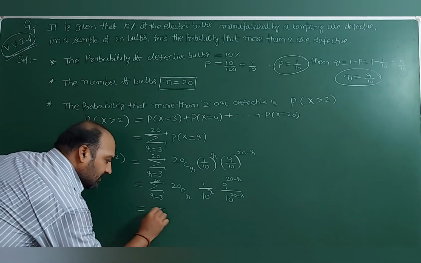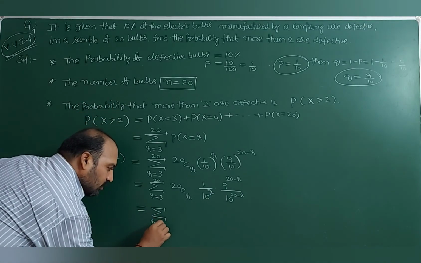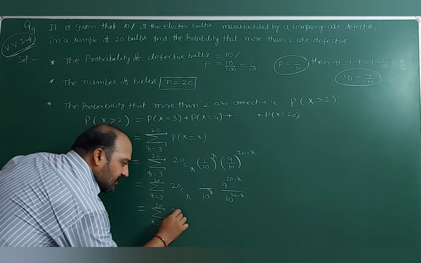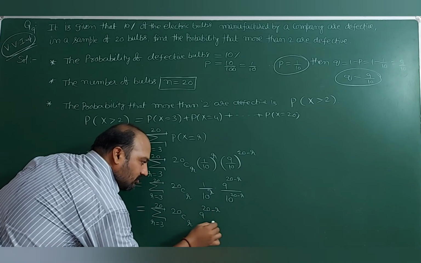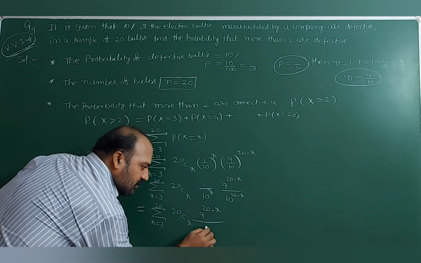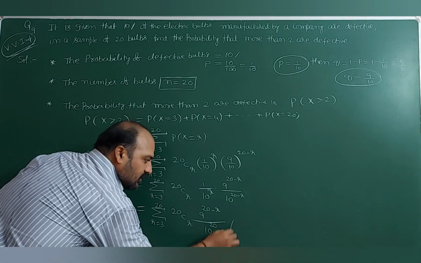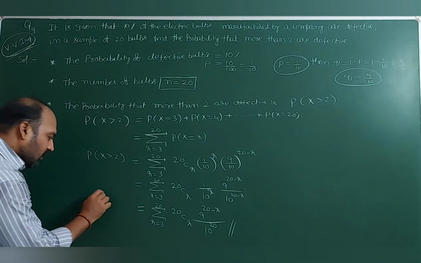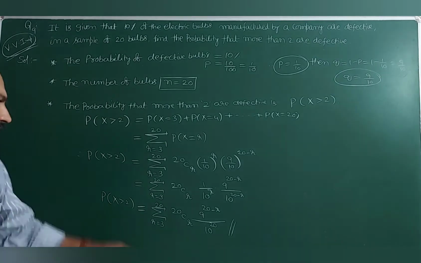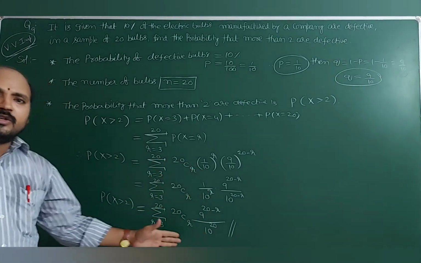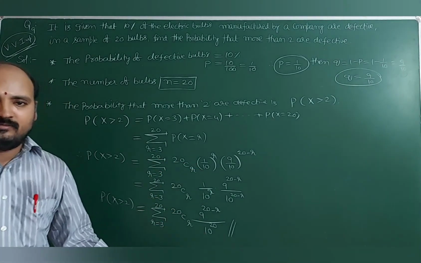So you will get sigma R equal to 3 to 20, 20 CR 9 power 20 minus R divided by 10 power 20. Even like this also you can give that answer, dear students. Till here also the answer is correct, but if you want to simplify this way, you can leave it.